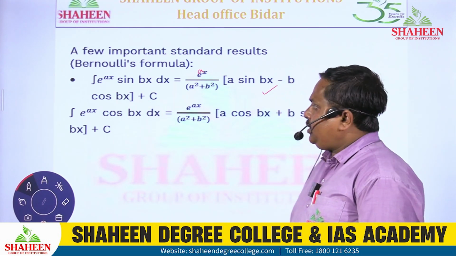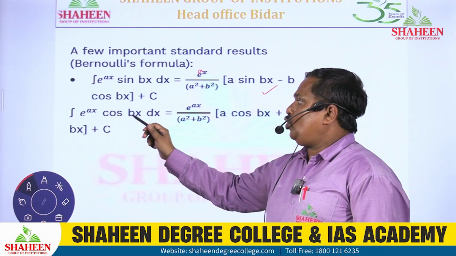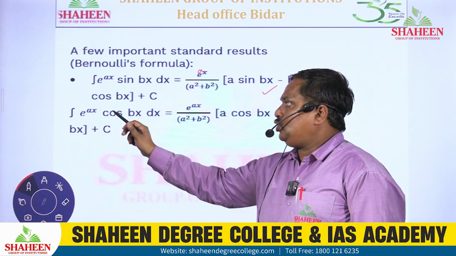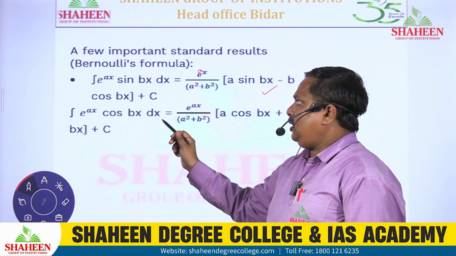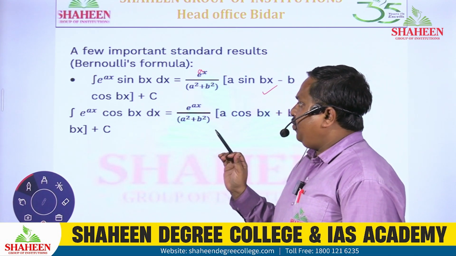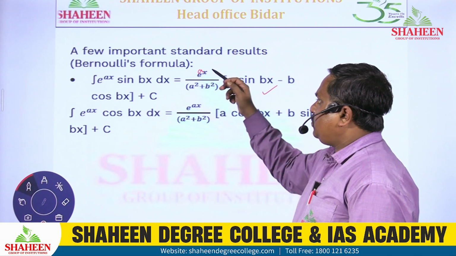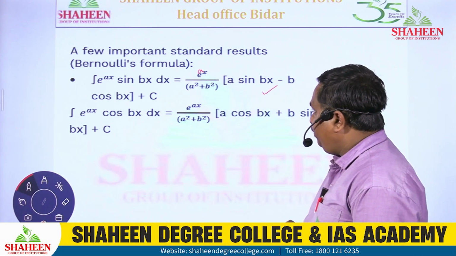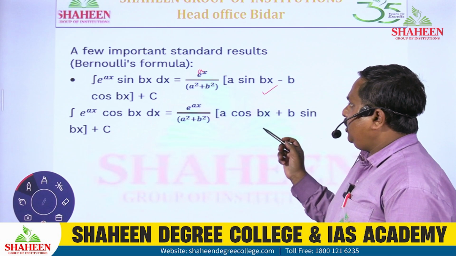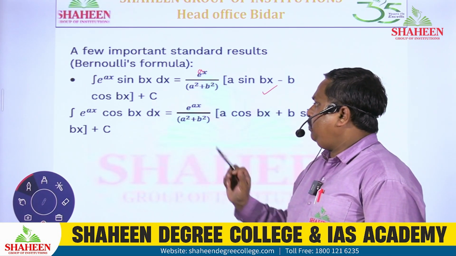Next there is one more formula, the integration of e power ax into cos bx dx. The previous one is sin bx, this one is cos bx. The formula is e power ax divided by a square plus b square, same as the previous formula, but here we have a cos bx plus b sin bx, plus c.